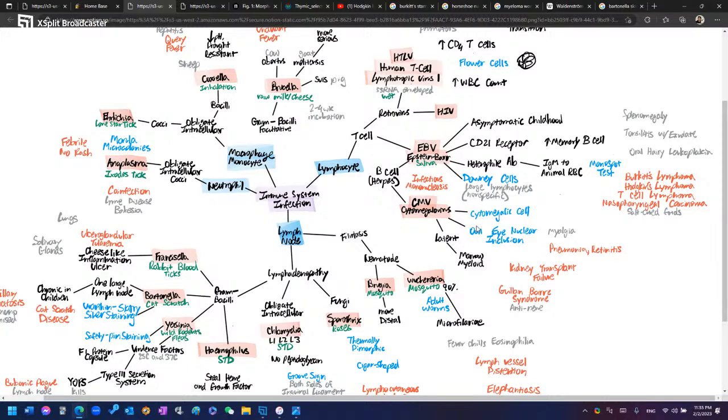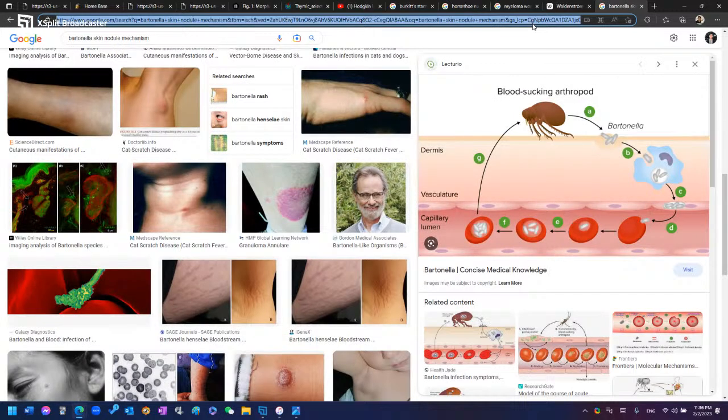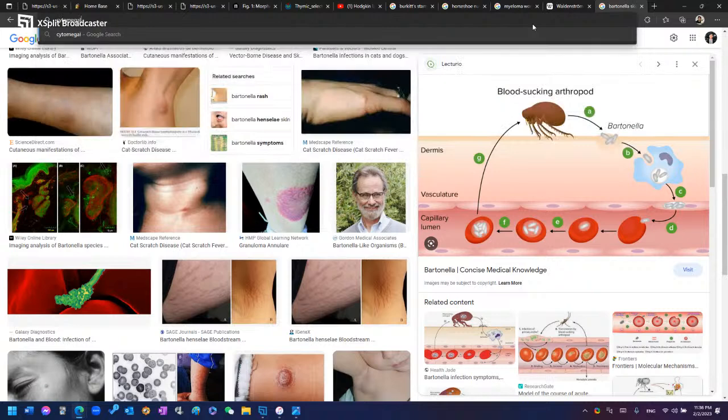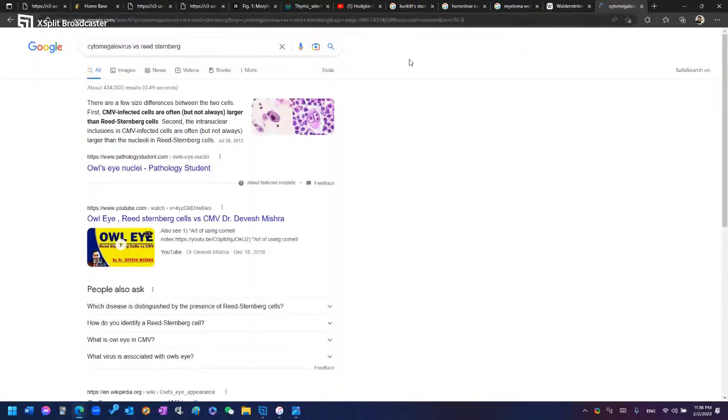And cytomegalovirus is not very cancer-causing, but it will cause inclusions, which I guess you could confuse for Reed-Sternberg, because those will look kind of similar.